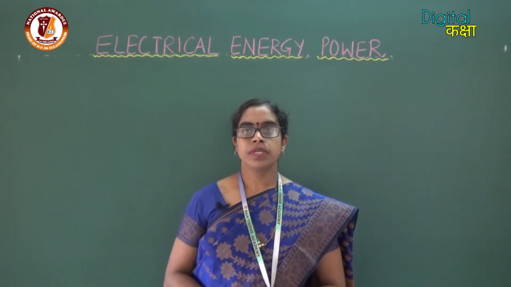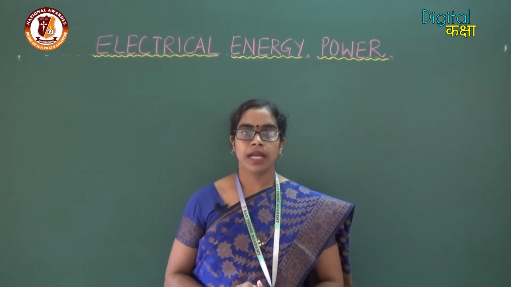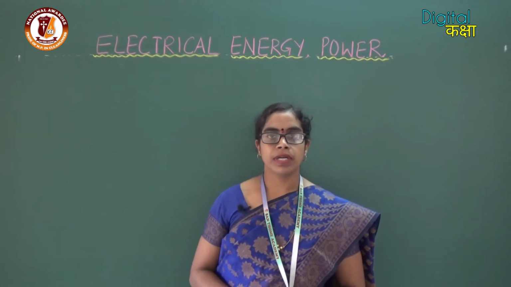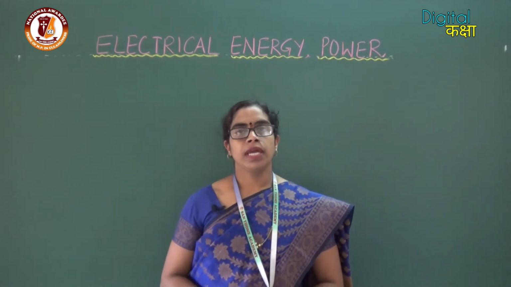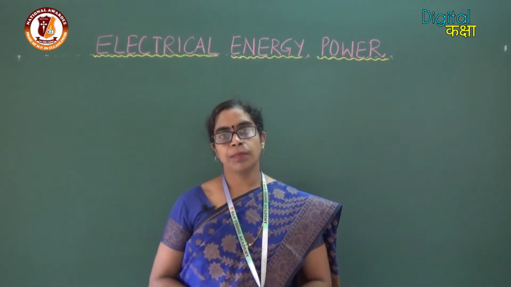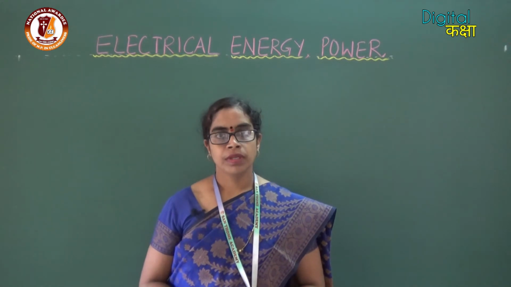Let us now study two topics, electrical energy and power. We know that the formula for power is given by work done upon time taken, and power can also be defined as the rate of doing work.